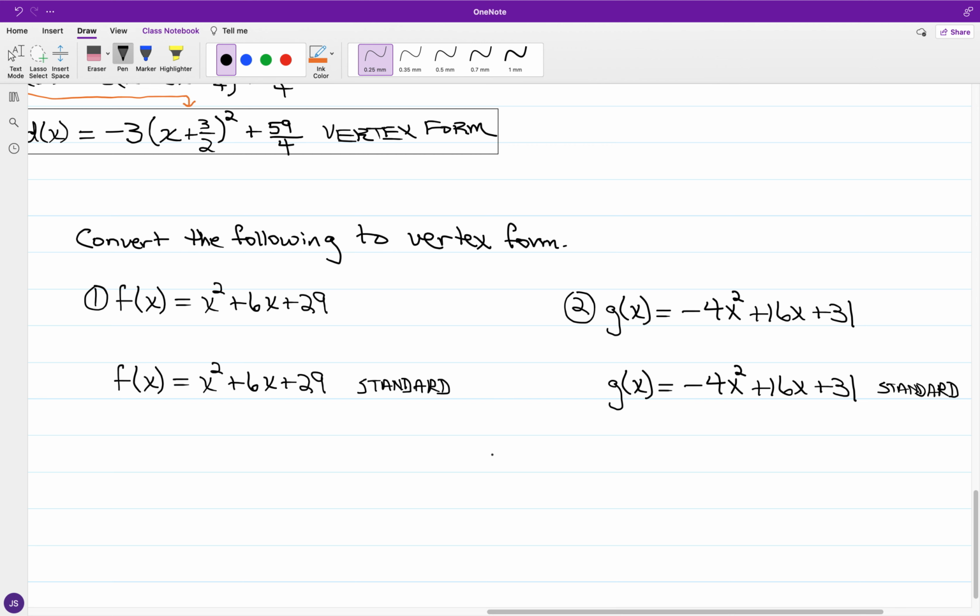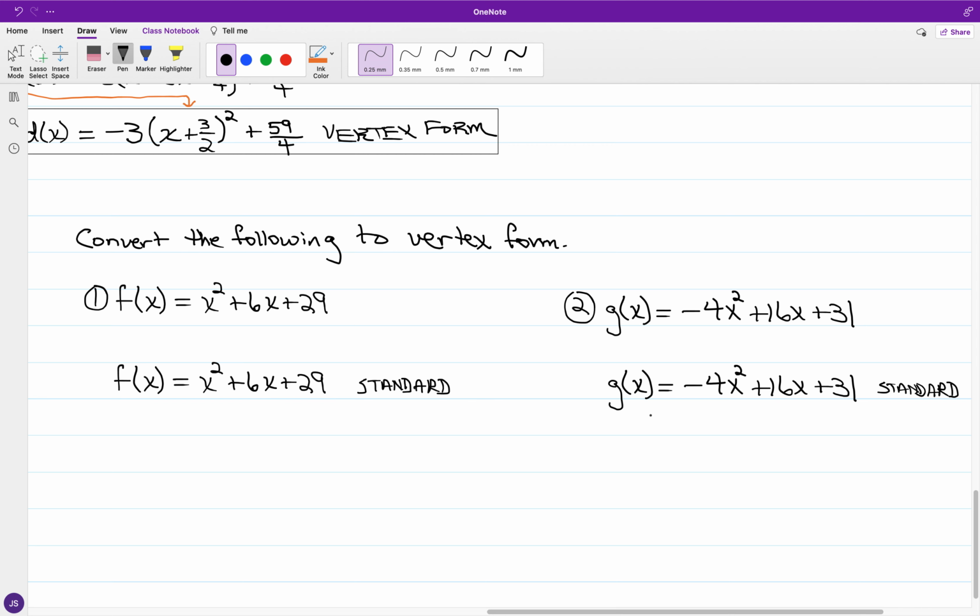Just some items to mention. Both f of x and g of x are presented in standard form. For f of x, the first term is x squared, and once you separate the variable terms apart from the constant, which is 29, we're able to go directly into the completion of the square right away.